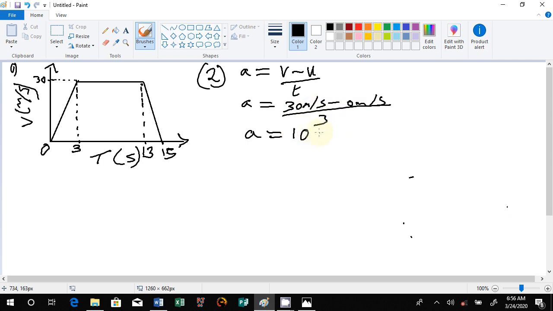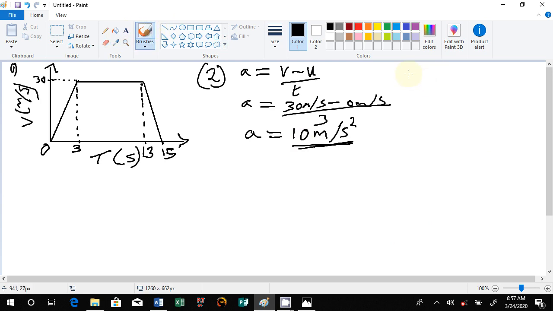The units for acceleration are meters per second squared, and that is very important. In physics, if you write an answer without the units, it means the answer is very wrong, because all answers in physics must have units, and units are very important. It's important that we put units to our answers.